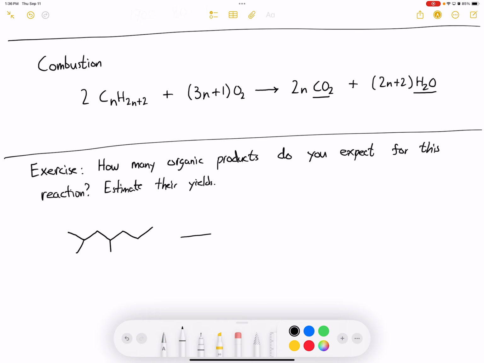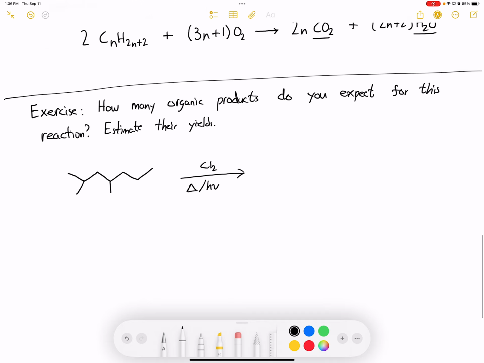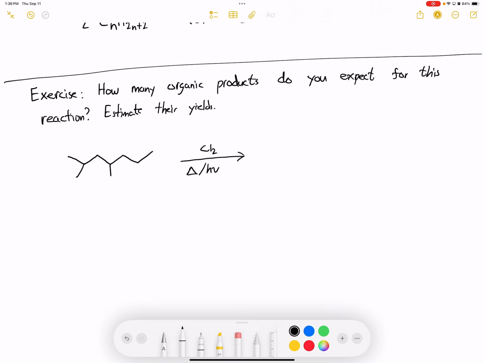I gave this example because there are a lot of products and it's a good exercise for this, okay? So, all right. Let's look at this molecule. We're going to name it first. So 1, 2, 3, 4, 5, 6, 7. That's a heptane.